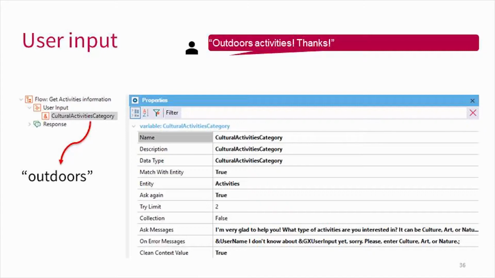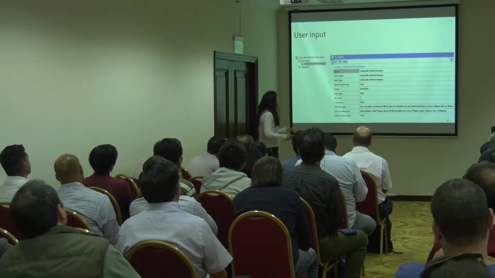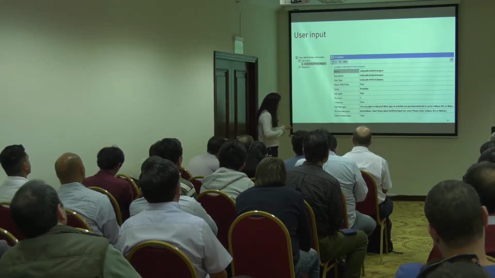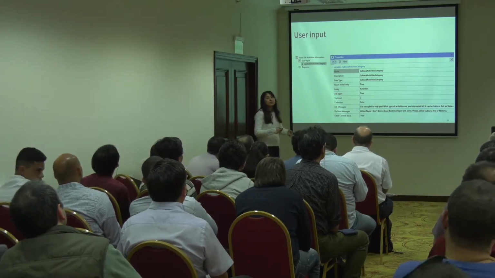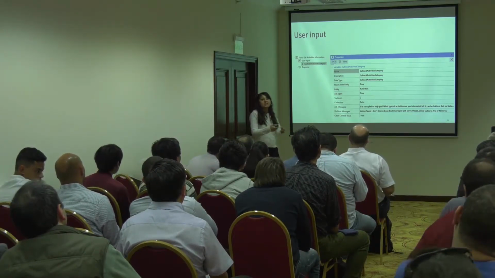And this user input has the property match with entity with the value true. So from what the user says, we are going to extract the value of an entity. Which one? The one specified in the property entity.